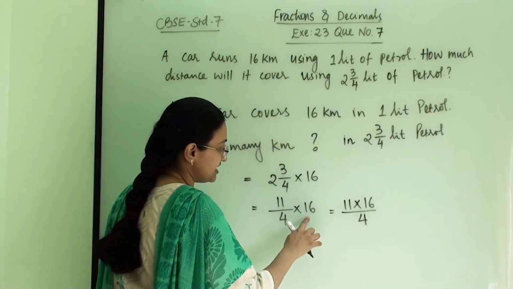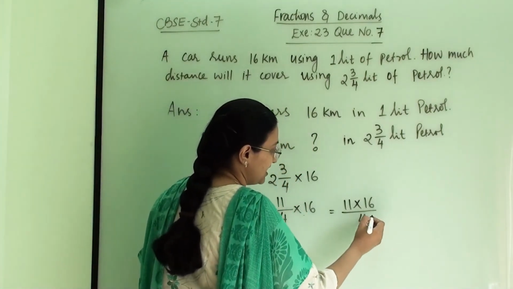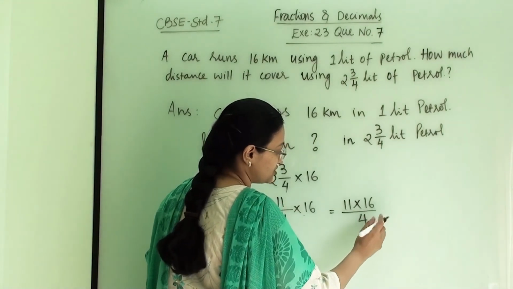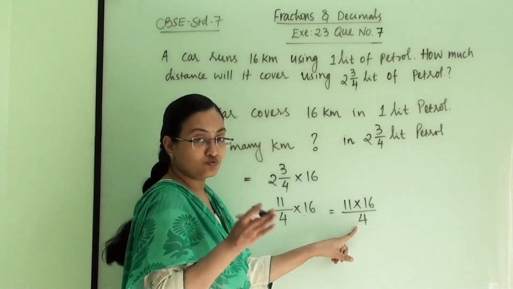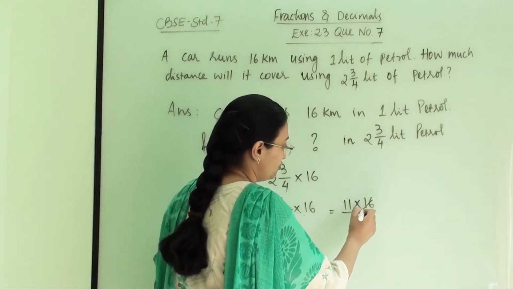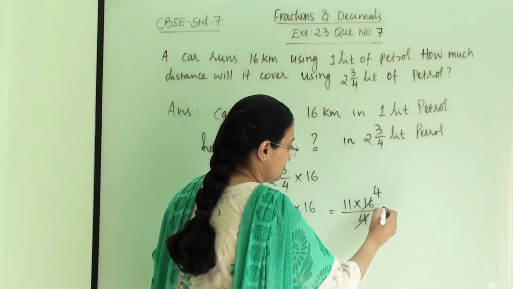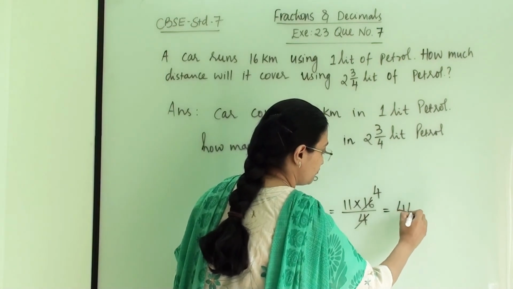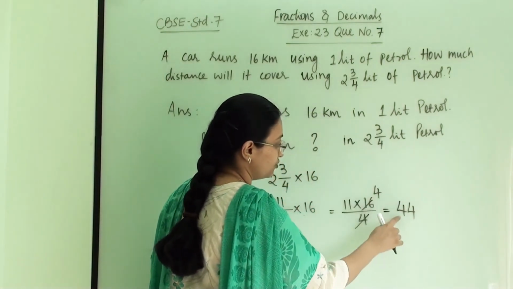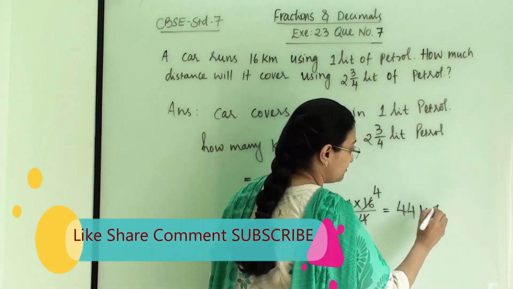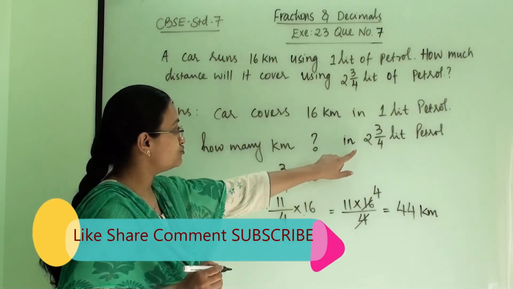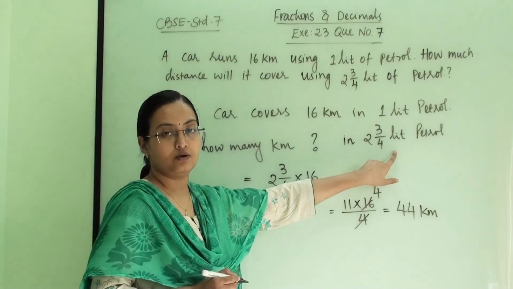Here nothing is there, so we can write 1 and multiply with 1. And now we can reduce this to its lowest term, that 4 4s are 16. So the answer here is 44. 11 into 4 is 44. So the car will run for 44 km in 2 3/4 liter of petrol.